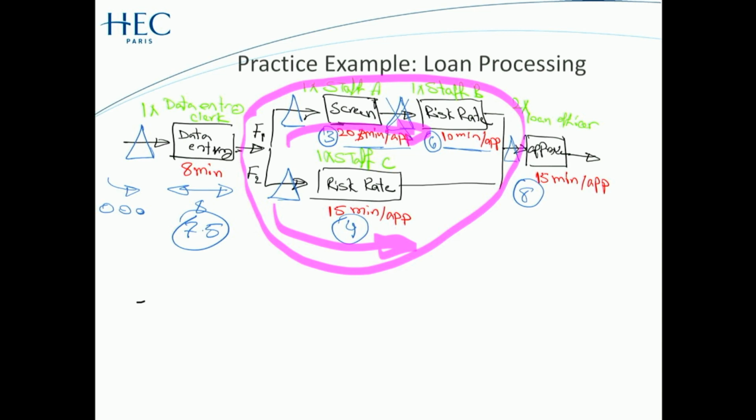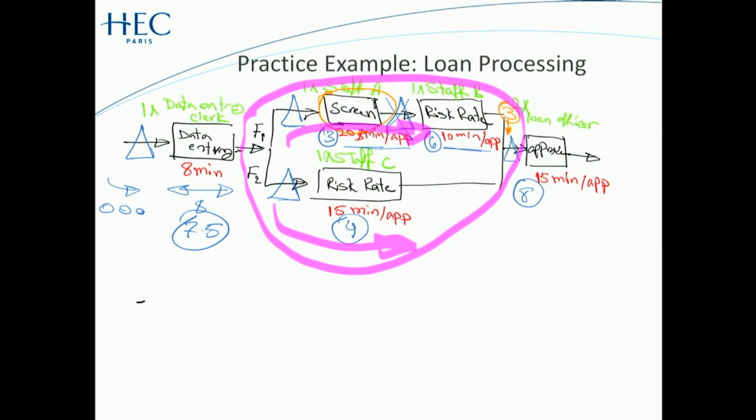We know that screening has a capacity of 3, and risk rating has a capacity of 6. So in this route, the bottleneck is screening. This is the step that determines the output of our entire upper route for Forms 1. So every hour in this part there are going to be 3 applications coming out.